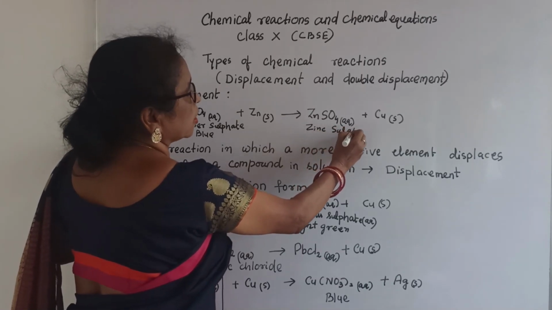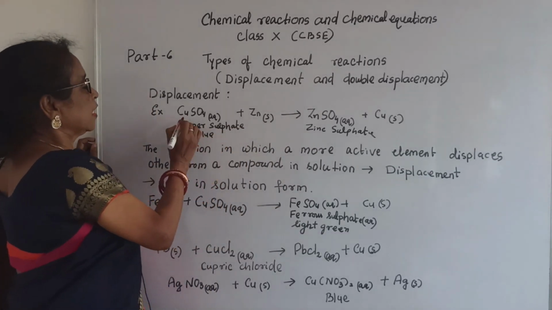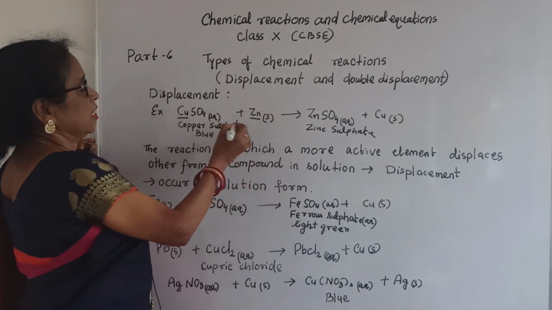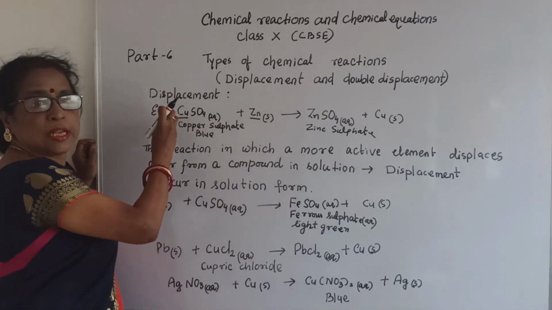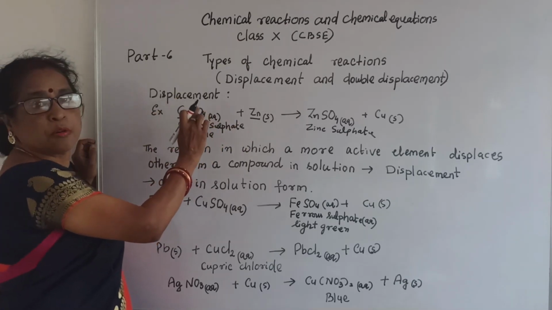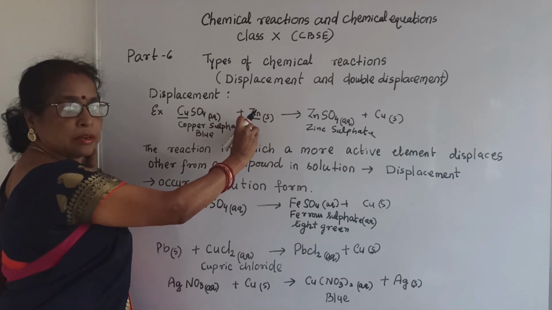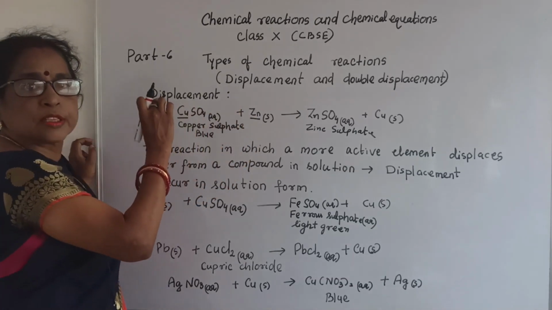Now you can observe here, in copper sulfate the metal is copper and here the metal is zinc. Zinc has the power to displace copper from the copper sulfate solution.